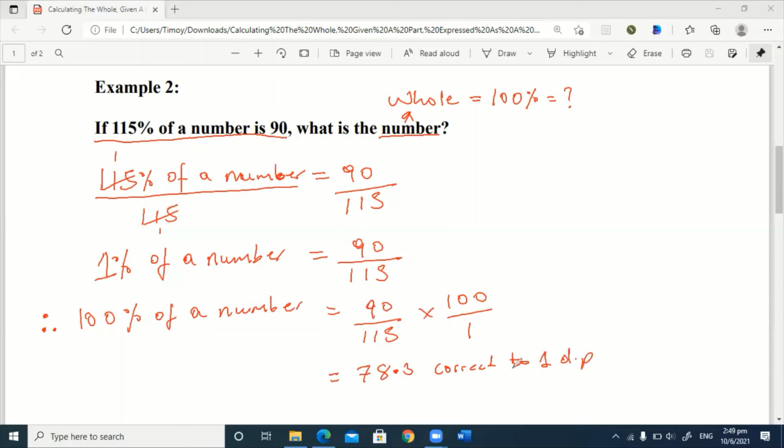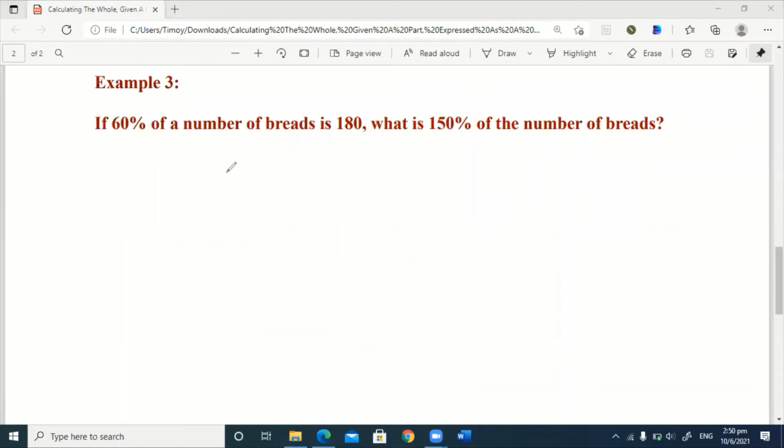Right? Now, what we're going to do is to look at a variation of this question when they ask us to find more than the whole, which means more than 100%. Example 3. Note here, we're looking at a variation of this topic.